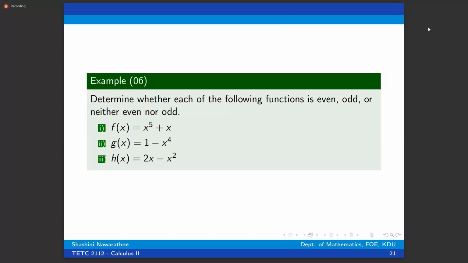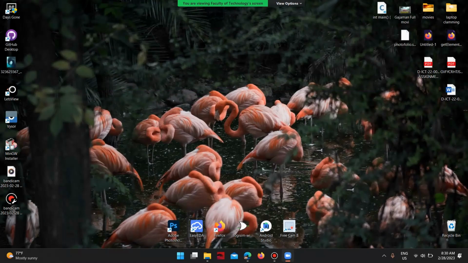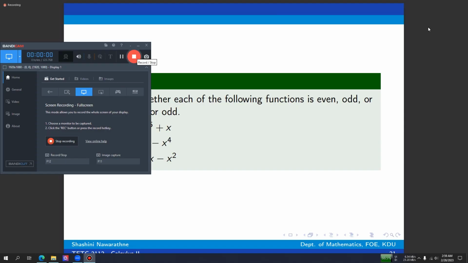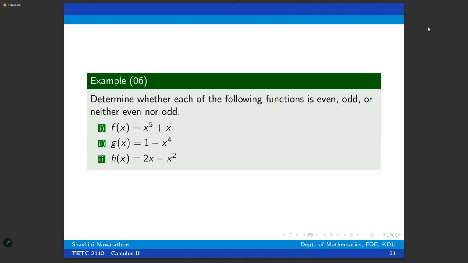So you are asked to start from g of minus x and check whether it is equal to g of x or minus g of x.